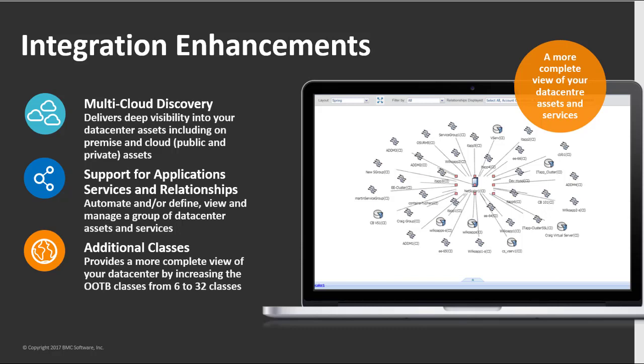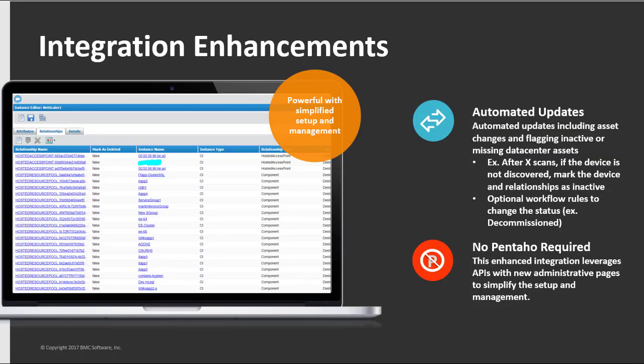We've also added automated updates, which means that any devices that become inactive, so if you imagine all the various devices, think of the cloud devices and other various components that are constantly changing. Hopefully not changing too much in the data center, but they do change. When those devices change, maybe they're removed and something's not discovered after so many scans.